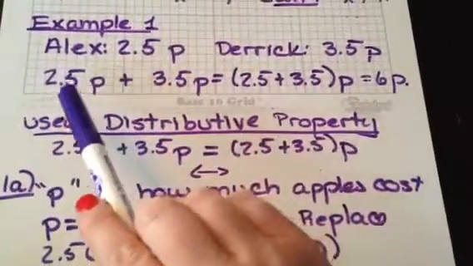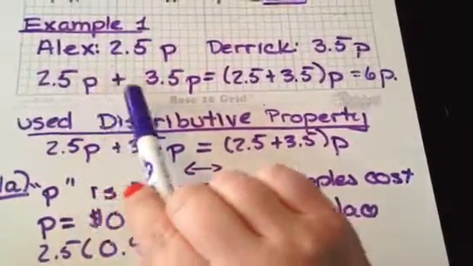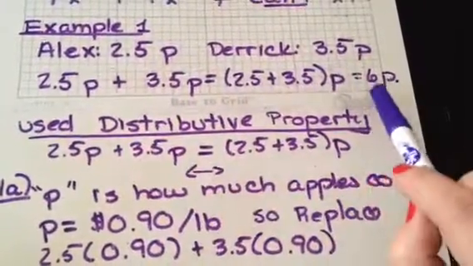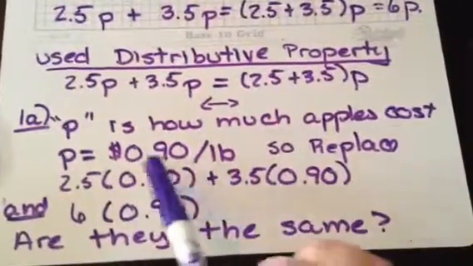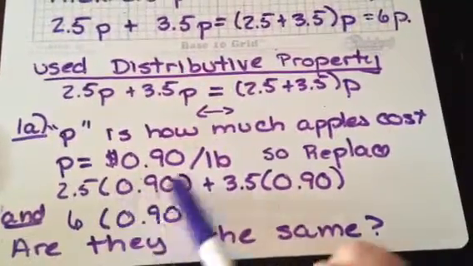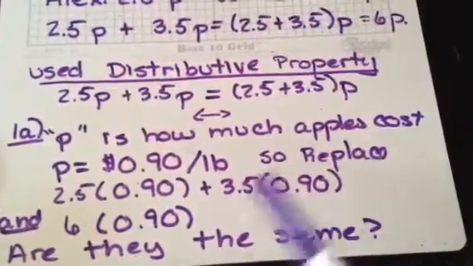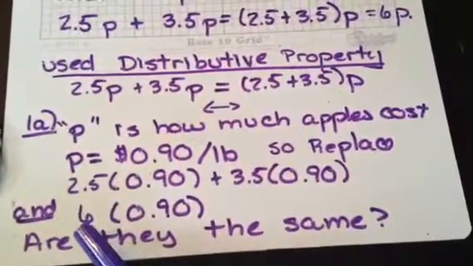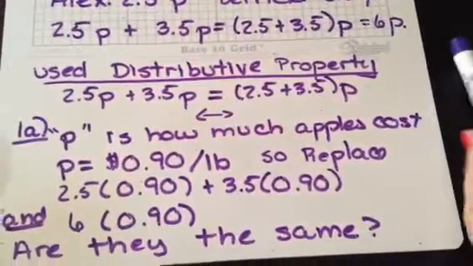Our expression for the cost at the beginning was 2.5p plus 3.5p, and when we simplified it, it became 6p. They want you to check: if you replace p, 2.5 times 0.9, plus 3.5 times 0.9, is that going to be the same as writing 6 times 0.9? Are they the same? They want you to verify that.